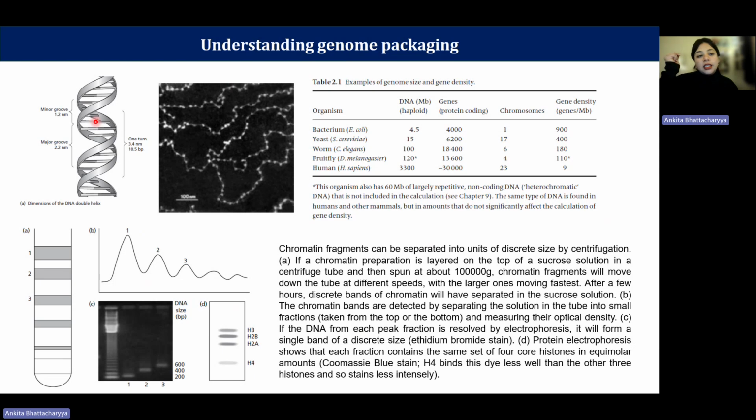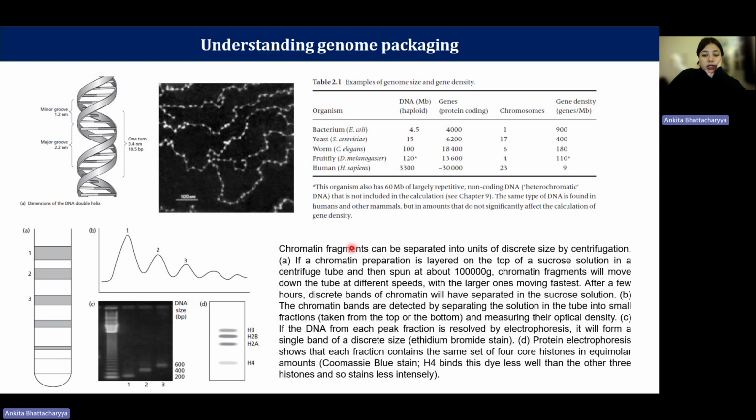Approximately one complete turn is said to have 10.5 base pairs. It's a mathematical calculation which gives that 0.5, because there's one base which is partially a part of one turn and partially a part of the next. So that is what the dimensions of the DNA double helix look like.